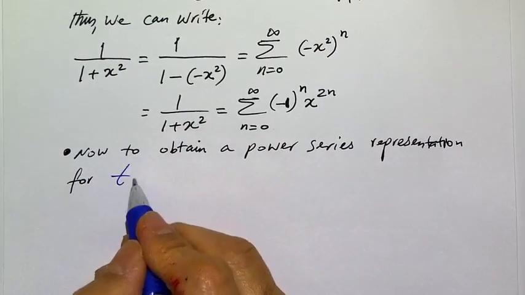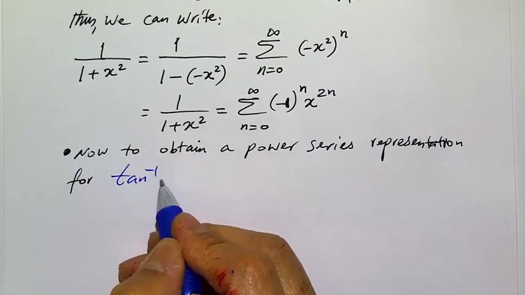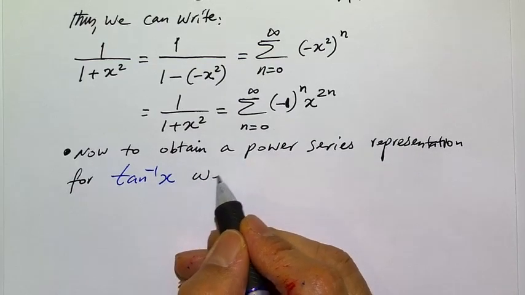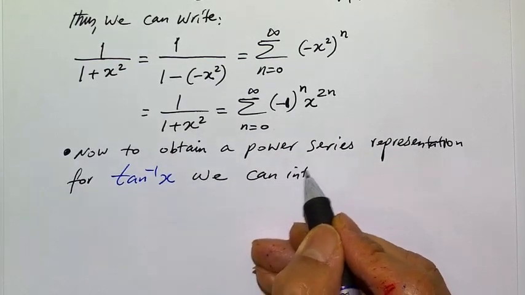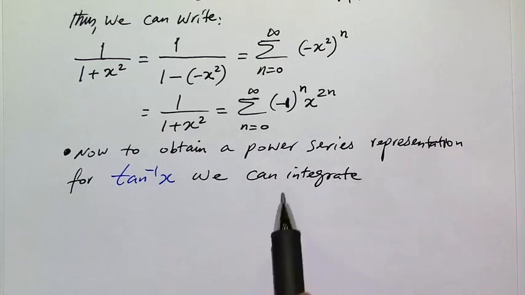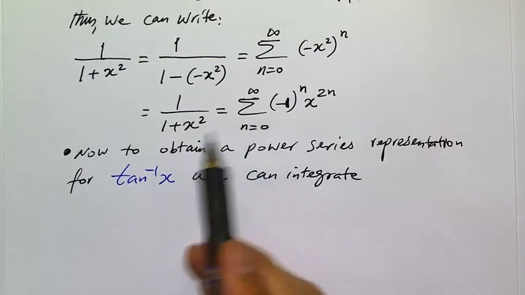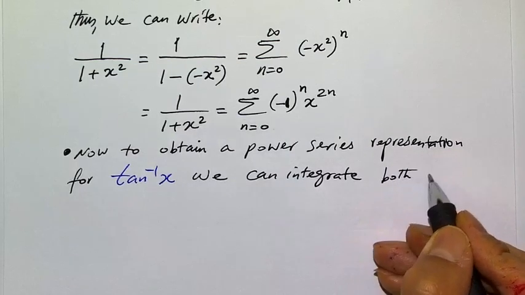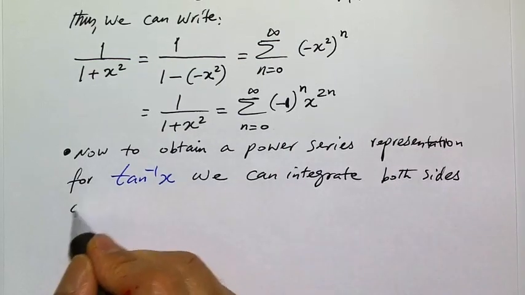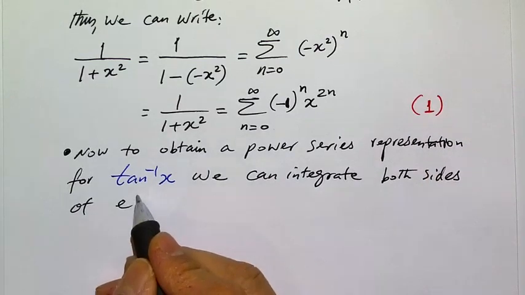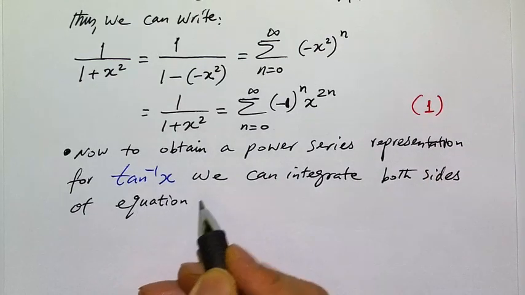For inverse tangent x, or arctangent x, we can integrate both sides of this equation. Maybe I can call this equation 1, both sides of equation 1.